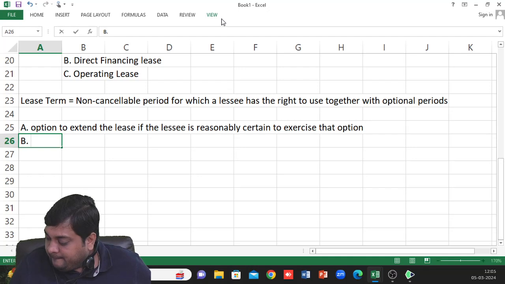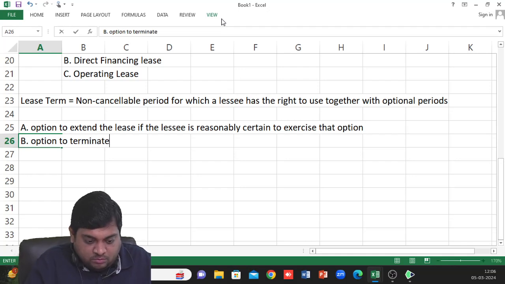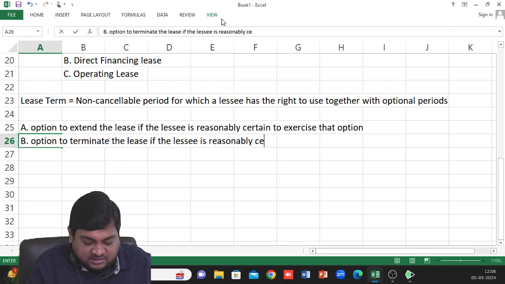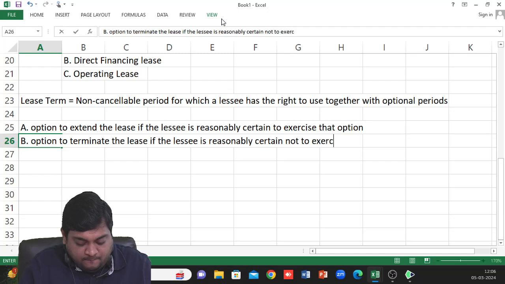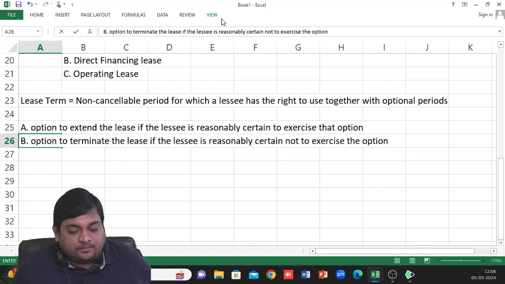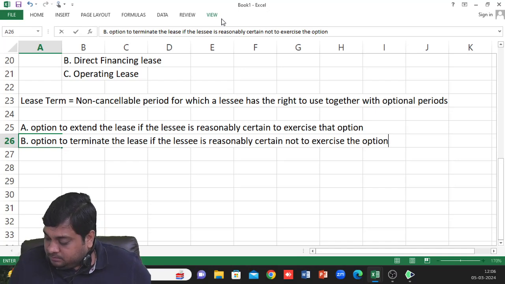Option B: terminate the lease, if the lessee is reasonably certain not to exercise the option. Means he will use the full lease term.